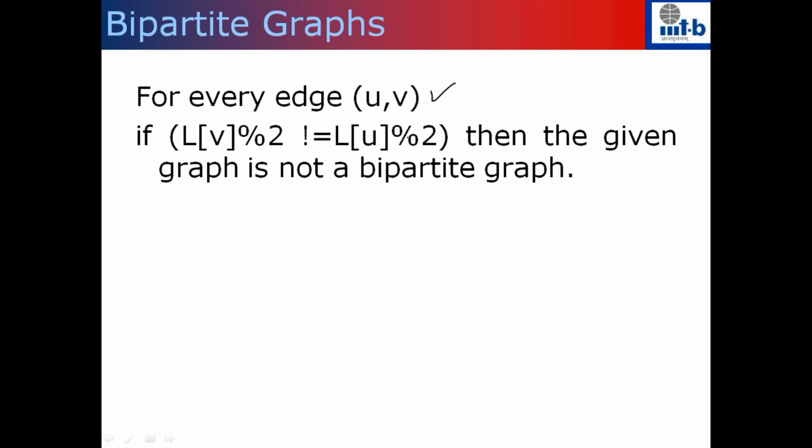If both of them are 0 or both of them are 1, it means that it's an edge which is going within L or within R. So in that case, the graph cannot be a bipartite graph.